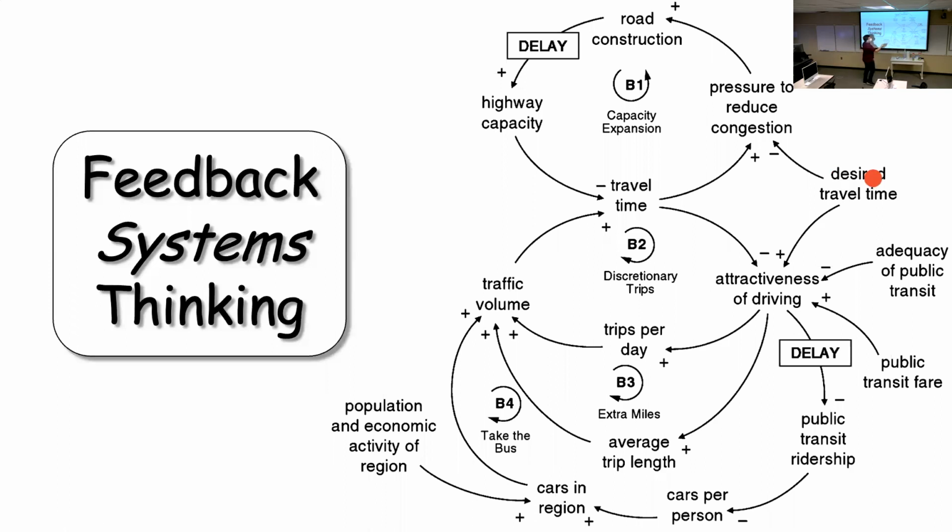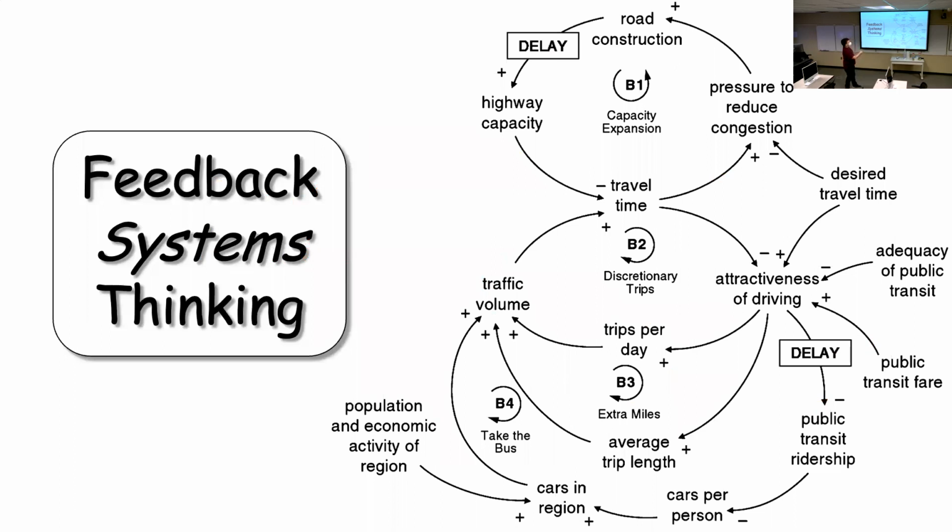We have no idea what the process is that sets the desired travel time or sets the public transit fare. If we have a theory for how the public transit fare responds to variables in the system or other variables that aren't introduced here yet, we could build that in, and that would be something we call endogenizing the variable. So we would be asserting a theory for how public transit fare responds. But at the moment, we're not saying we have any idea how public transit fare is affected.